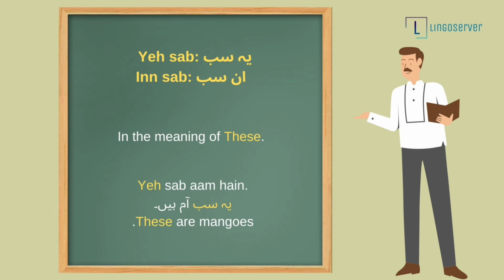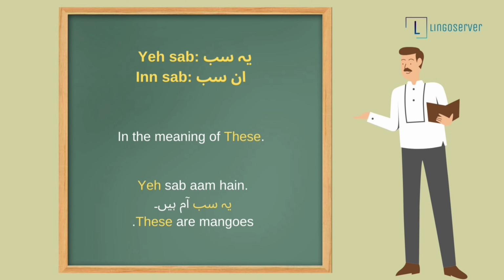ये सब, इन सब. These are used in the meaning of these. For example, ये सब आम हैं. These are mangoes. There are some rules to use ये सब and इन सब.